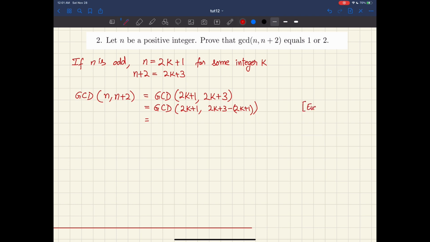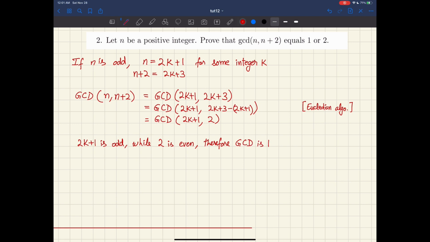If you remember, we write one number as a linear combination of the other number plus a remainder, and then we shift those remainders by one place and do the same calculation again. So that's what we are doing here. So GCD of 2k plus 1 and 2. Here 2k plus 1 is odd while 2 is even. Therefore the GCD is 1.